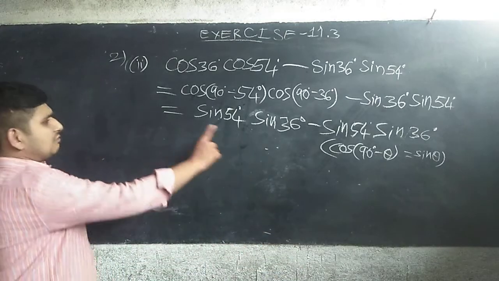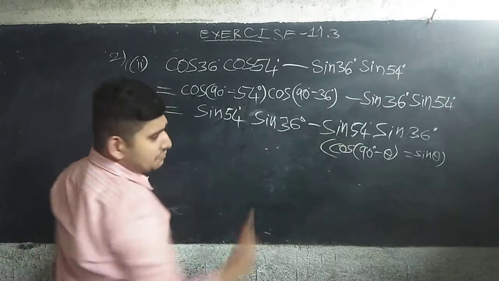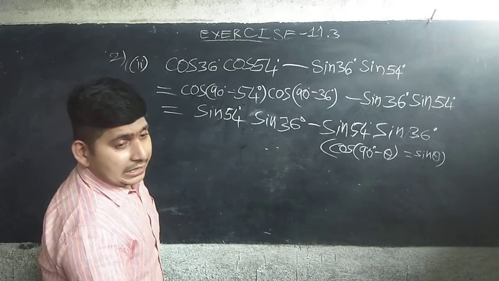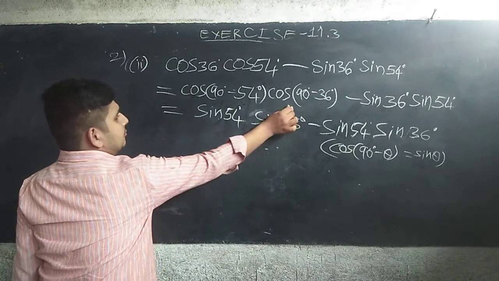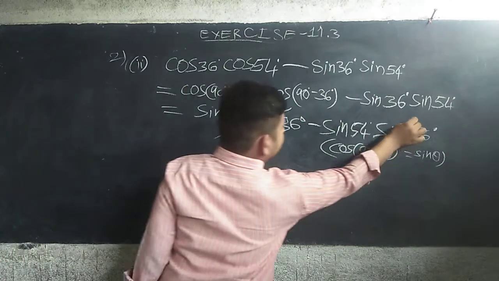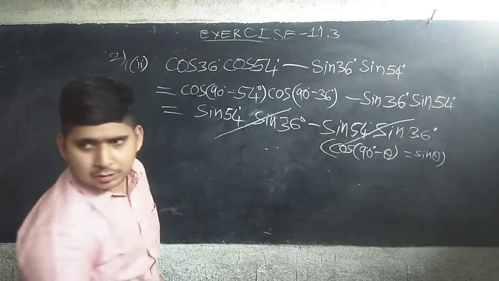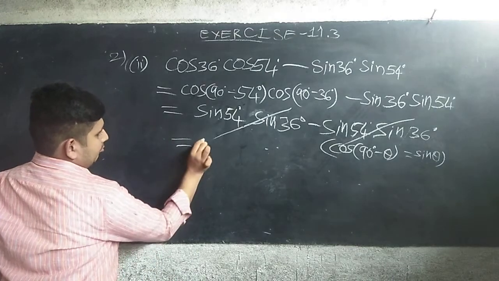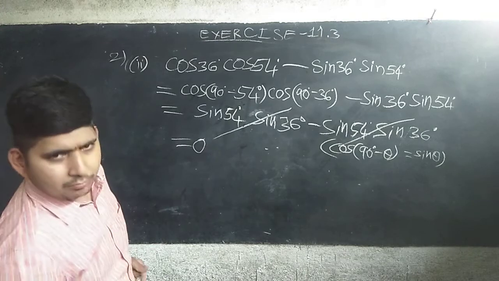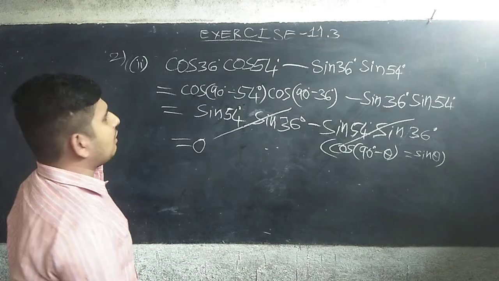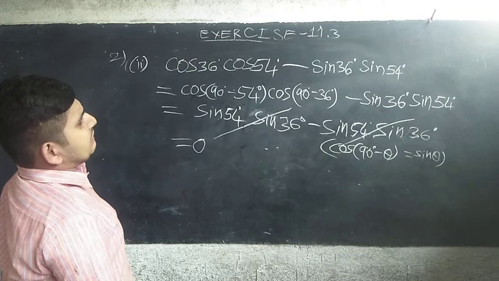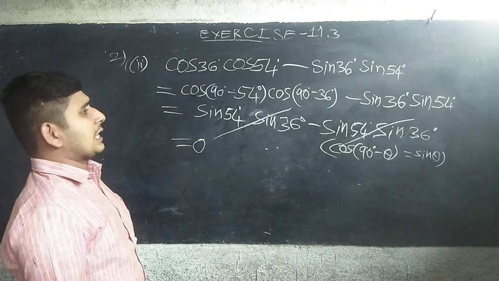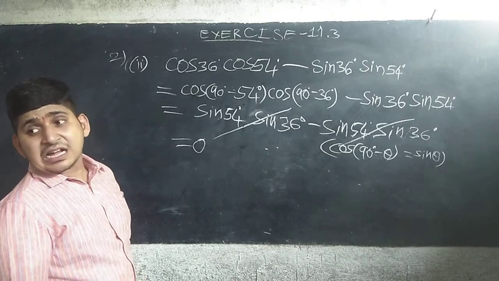So both terms are the same with opposite signs, so they get cancelled. What is remaining? 0. Therefore cos 36 into cos 54 degrees minus sin 36 degrees into sin 54 degrees equal to 0.